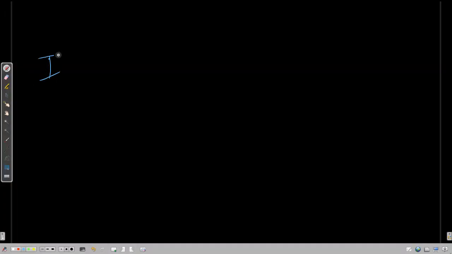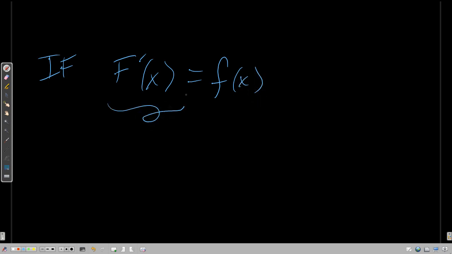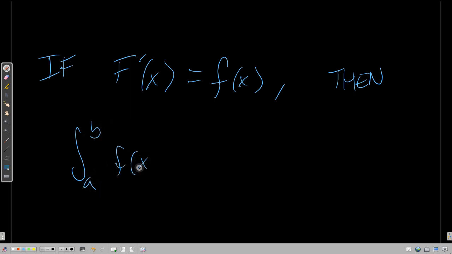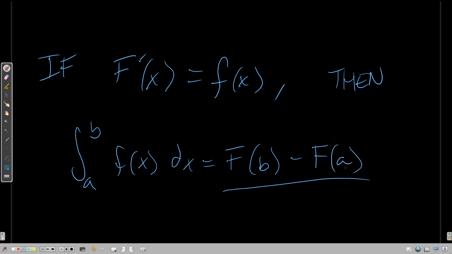It says that if you have the antiderivative of little f, the antiderivative here is capital F, then you can find a definite integral of little f. It would just be the antiderivative evaluated at the endpoints, and you take the difference. That's the fundamental theorem of calculus.